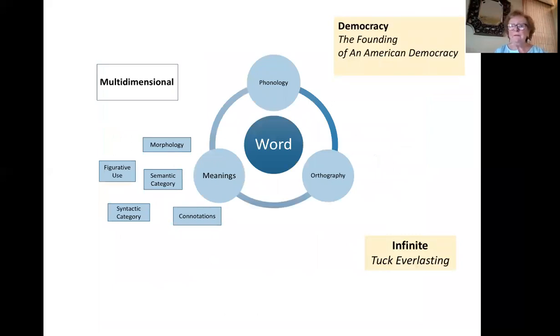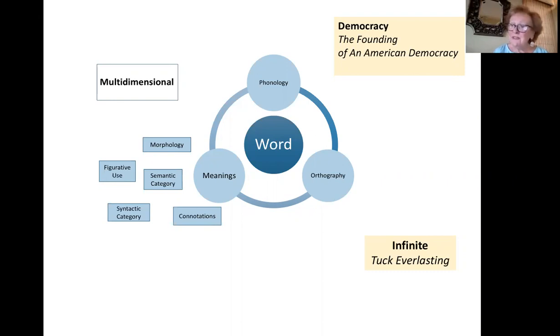So once more, when we think about this multidimensional aspect of a word, we want to be thinking about the fact that we know the phonology, the orthography, and the meaning of the word. And that has some implication for our instruction, because we're working toward our students having a deep knowledge of those words we choose to directly and systematically teach.